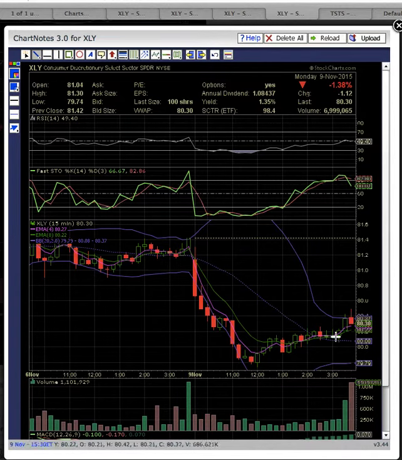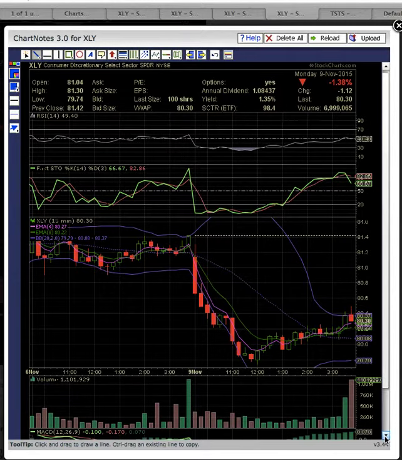So this is set up for more upside tomorrow at the open if this middle Bollinger Band support level holds. If you see a break below that, that's going to signal this lower Bollinger Band being tested. So what we're looking for here is the possibility of a new uptrend starting.